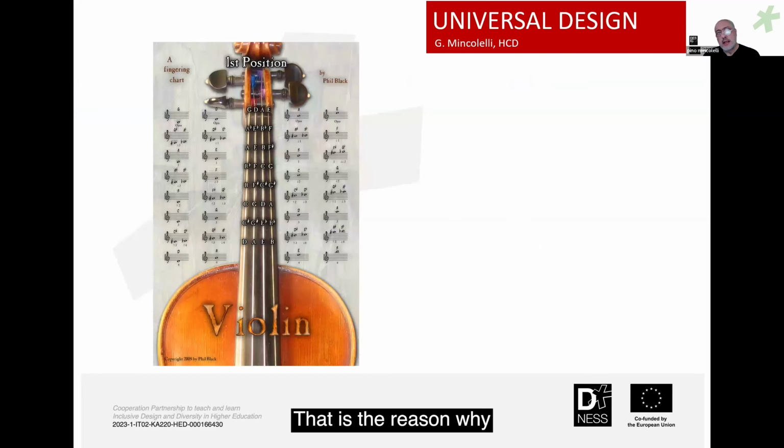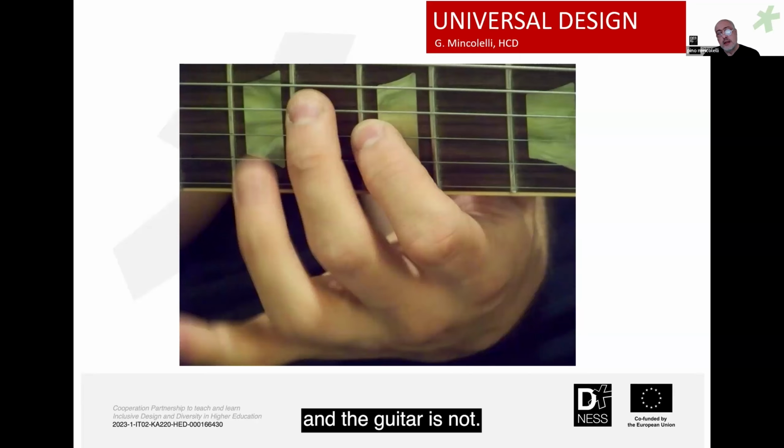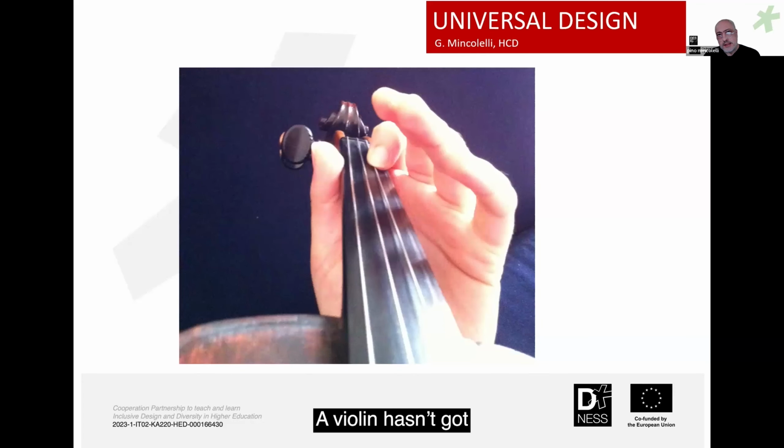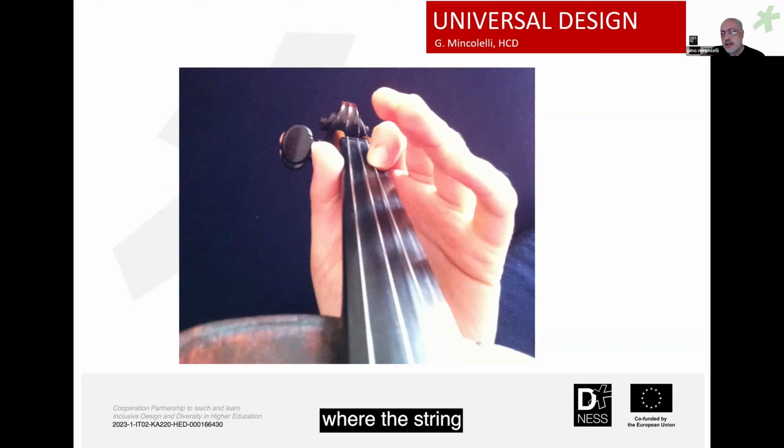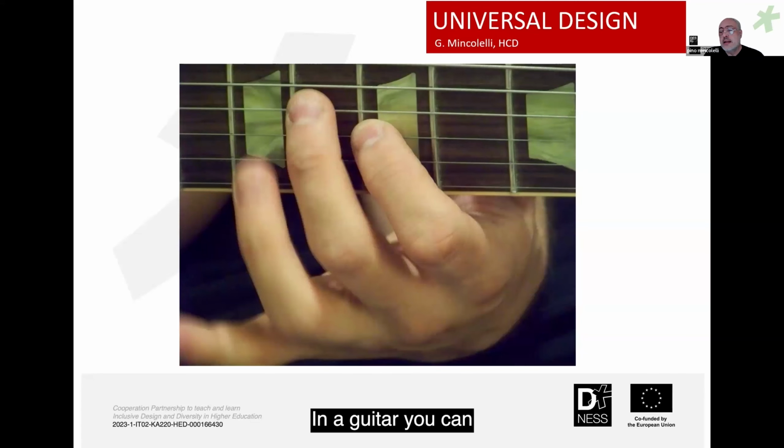That is the reason why the violin is so hard to master, and the guitar is not, because the violin does not have the bars that define the precise point where the string changes to make the right note, and the guitar has.